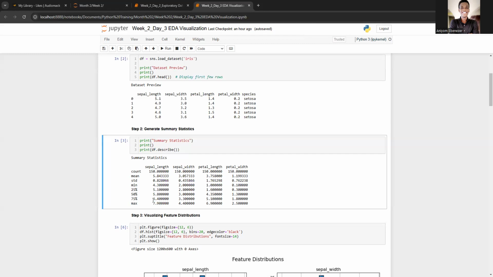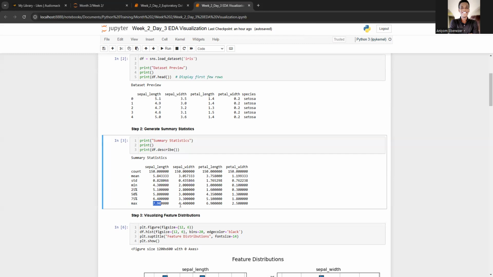7.90 and 6.40. The difference between 7.90 and 6.40 is very, very small compared to when I should have probably my 75th percentile to be 6.40, and then I'm having my maximum value to be 100. That would mean that there is the presence of an outlier, or there is a particular set of observations that are very, very extreme with respect to the distribution of my data.